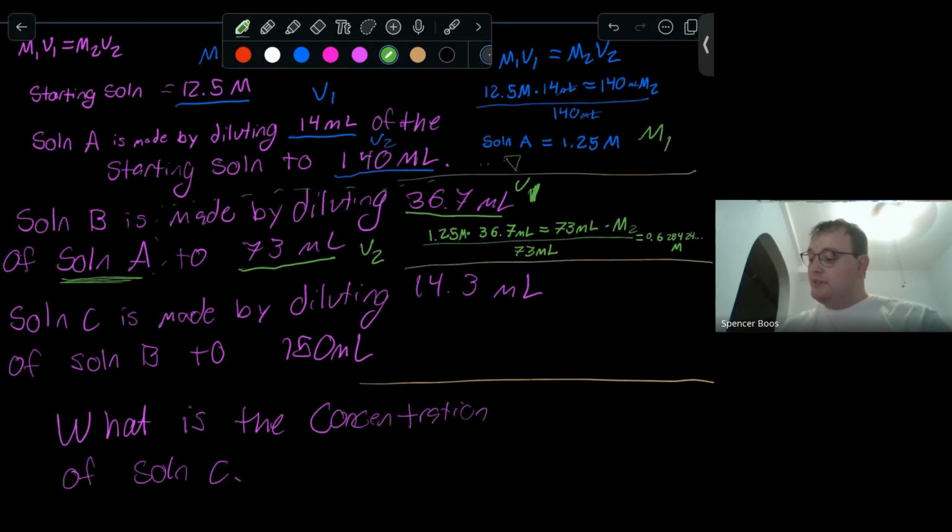So that means, of course, time for a new color. We have solution C is made by diluting 14.3 milliliters, V1 of solution B, M1, to 150 milliliters, V2.